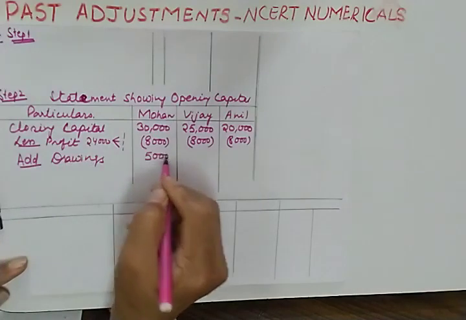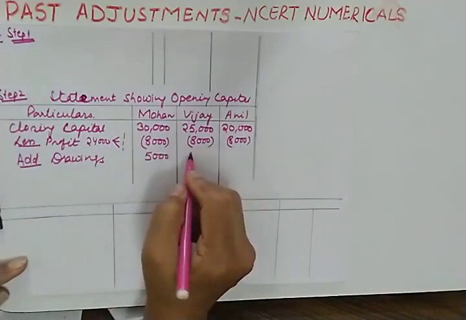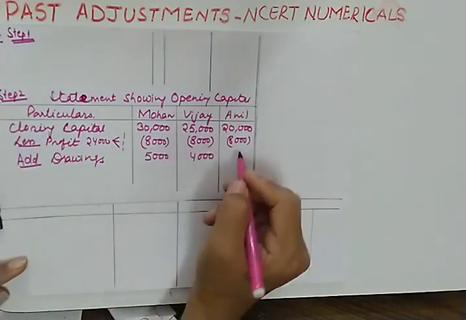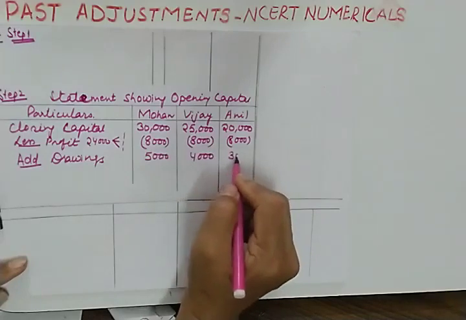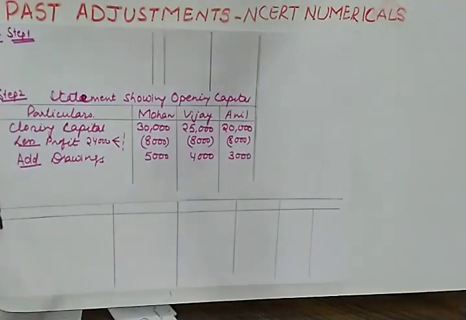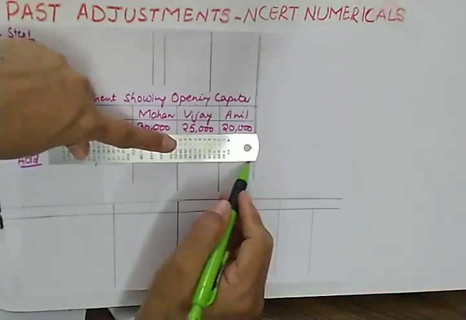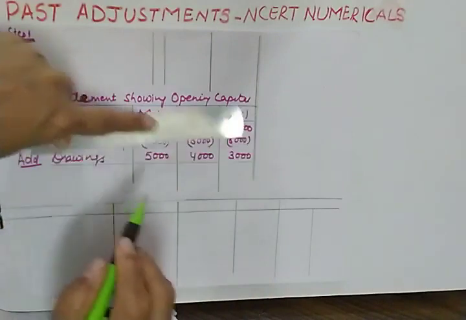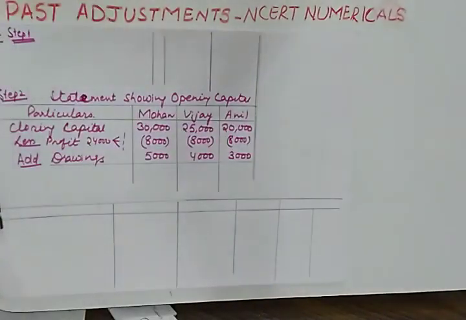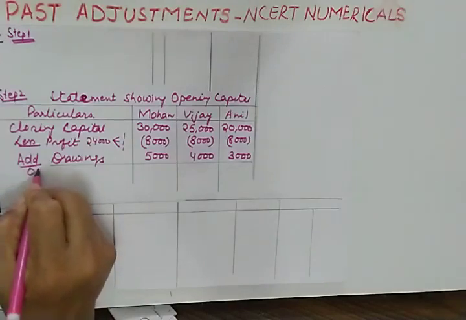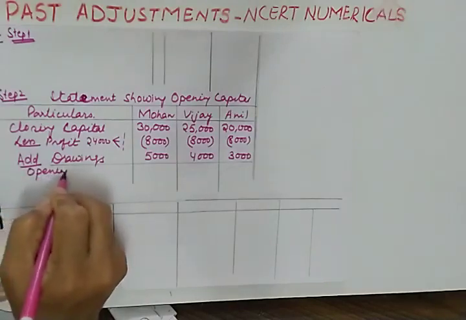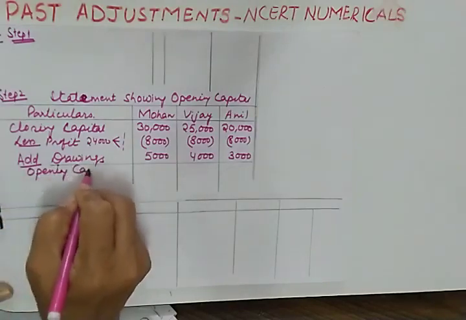It is 5,000 for Mohan, 4,000 for Vijay and 3,000 for Anil. So let us calculate the opening balance of capital.